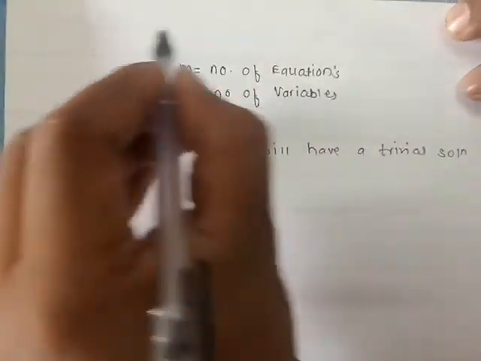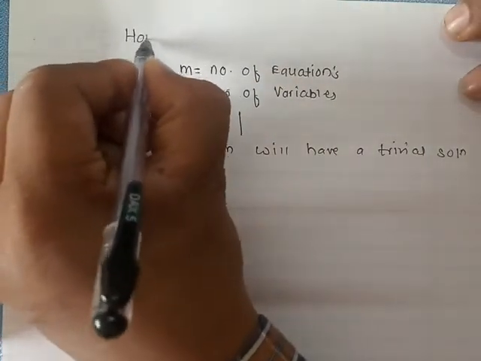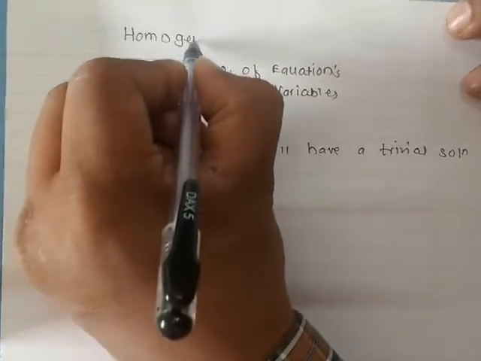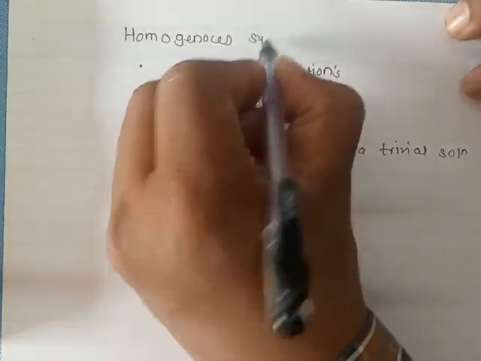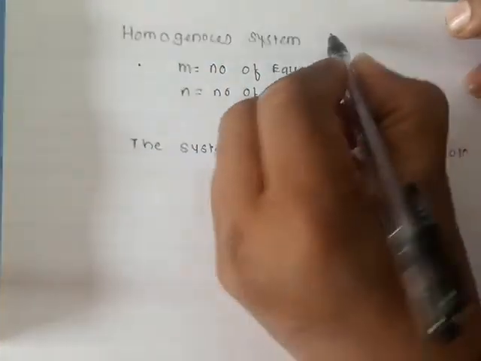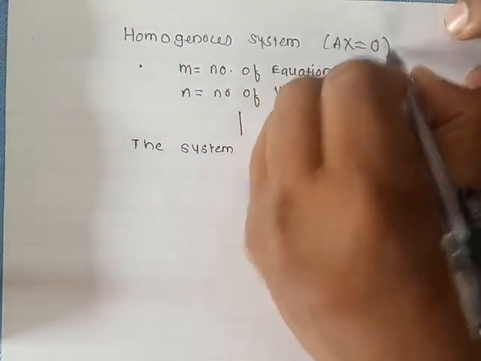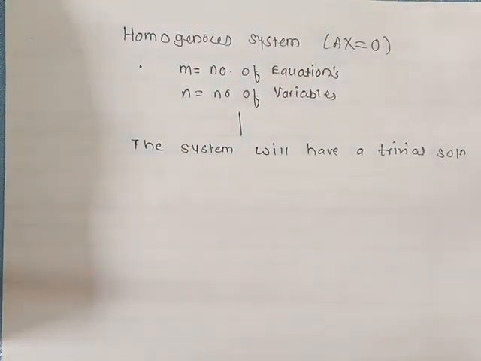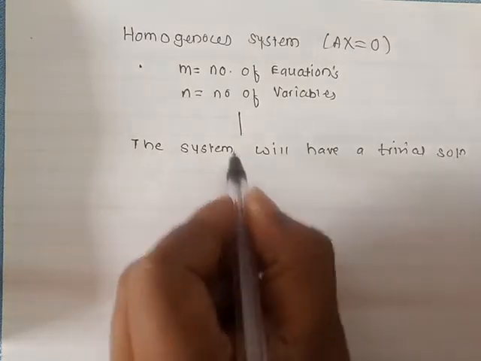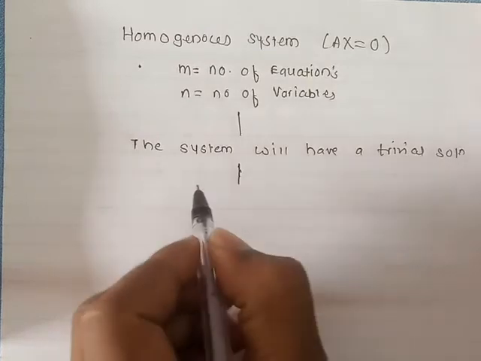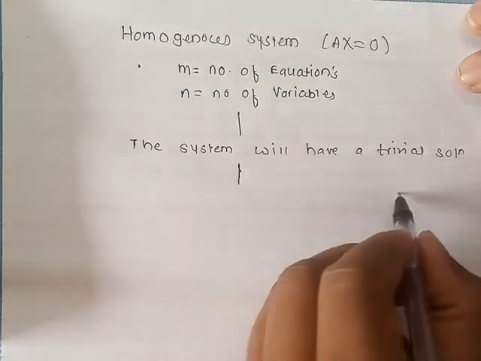This is for the homogeneous system of equations, because for any homogeneous system of equations there is always a trivial solution. So this is by default for every homogeneous system.